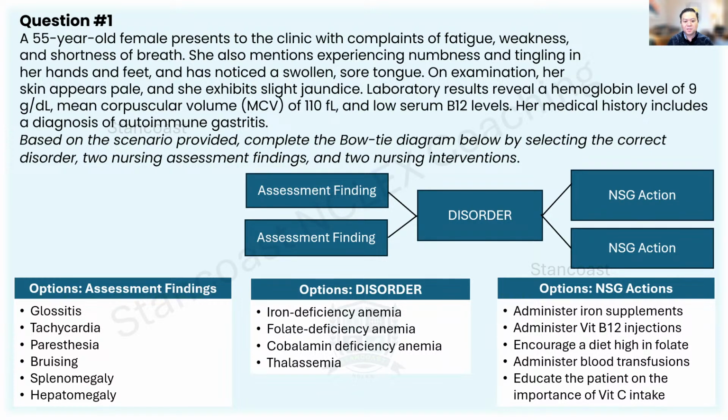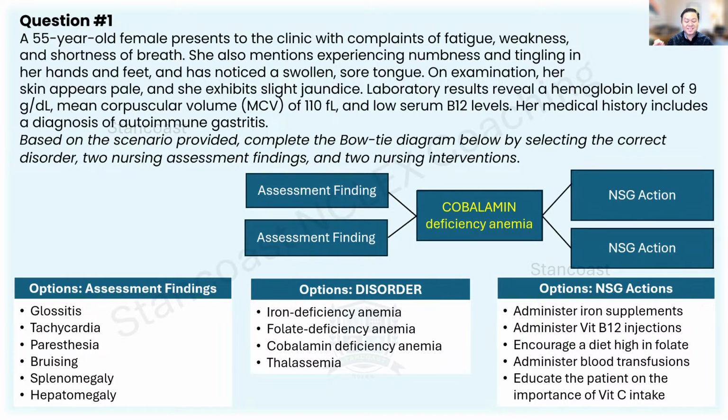Well, based on the assessment findings and also the lab values, the scenario, the identified disorder here will be the cobalamin deficiency anemia or the vitamin B12 deficiency. Why? Well, of course, this is caused by the vitamin B12 deficiency, right?